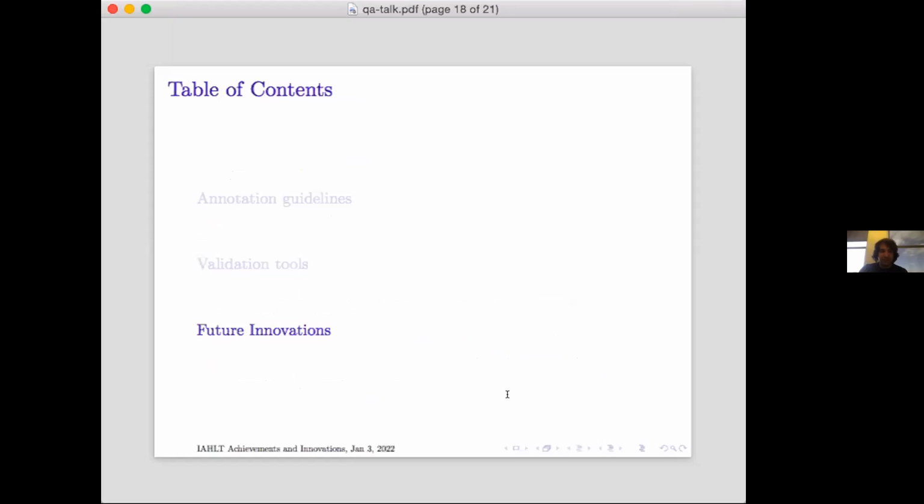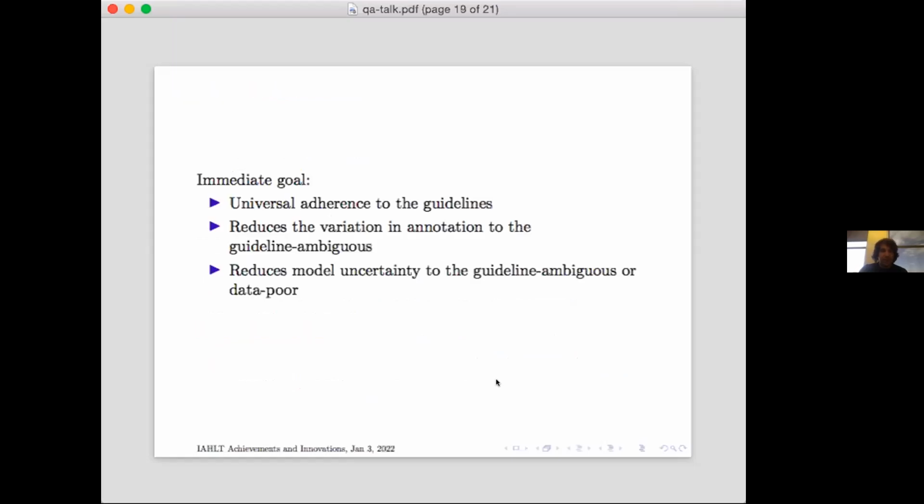So let me talk about the future now. So our immediate goals are universal adherence to the guidelines. So that will involve some revision of our tree bank, but also it will involve some revision of the guidelines. So those two documents are slowly evolving to be consistent with each other. And this will reduce the variation in our annotation to only things that are ambiguous according to the guidelines.